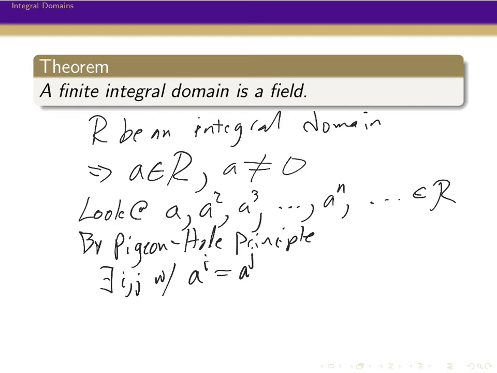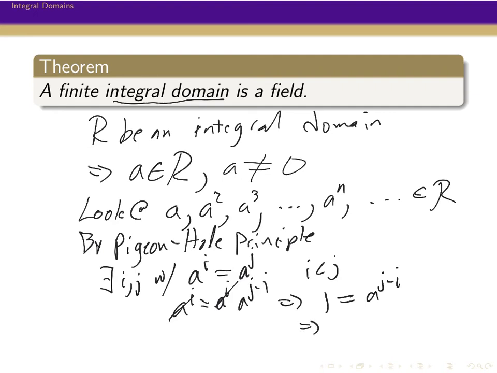Now, since we are inside an integral domain, let's say i is less than j, then I can cancel off the a^i on the left, and we have a^i is equal to a^i times a^(j-i), and so canceling off, which we're allowed to do because we're in an integral domain, we get that 1 is equal to a to the j minus i, whatever that is.